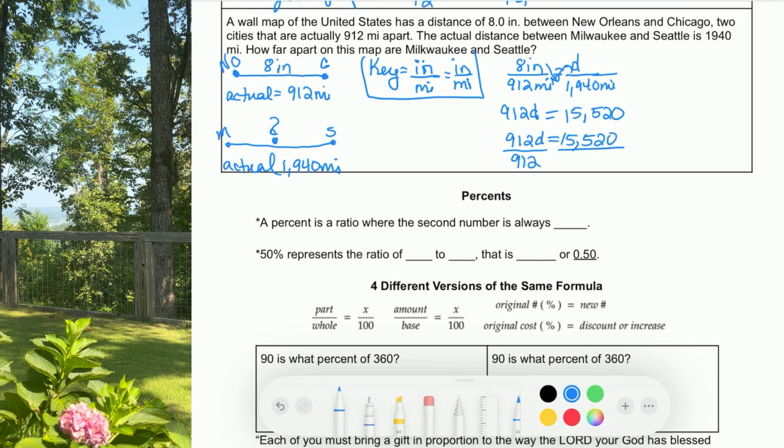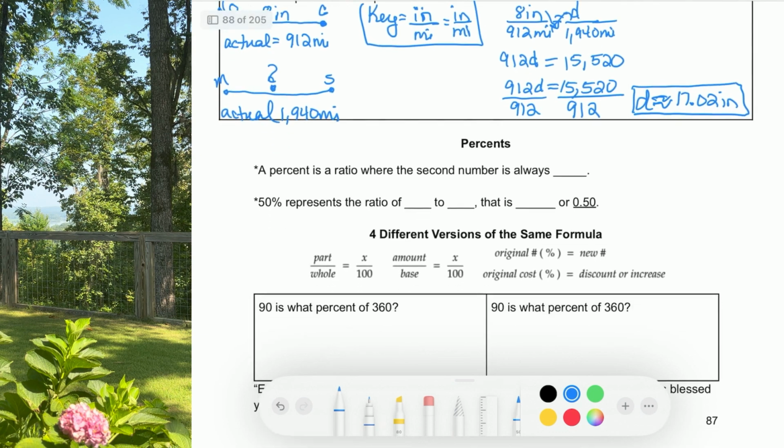I'm going to divide both sides by 912 to get D by itself. And we end up with D equaling roughly 17.02 inches. So whenever someone measures 17.02 inches roughly on that paper map, then that is equivalent to an actual 1,940 miles in real life.